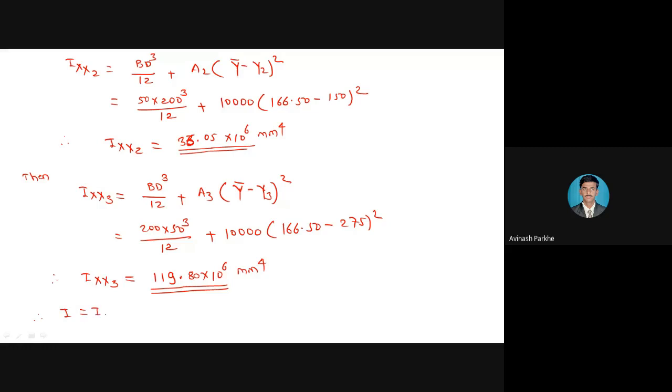Total I is equal to Ixx, which is Ixx1 plus Ixx2 plus Ixx3. Therefore, capital I is equal to 131.49 into 10 raised to 6, this is the Ixx1, plus 36.05 into 10 raised to 6, Ixx2, plus 119.80 into 10 raised to 6.